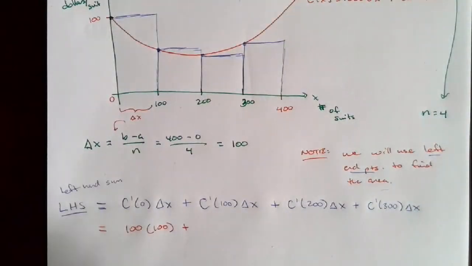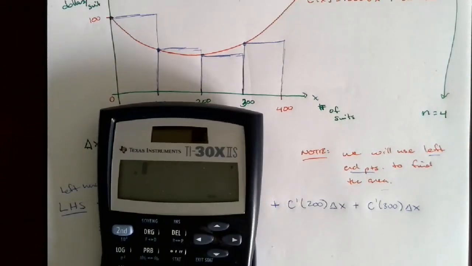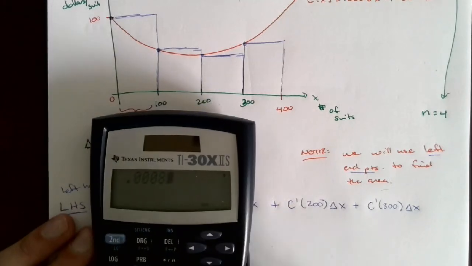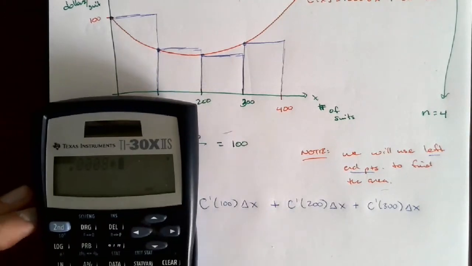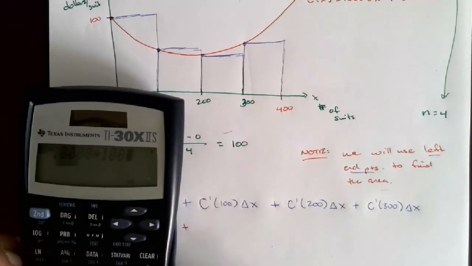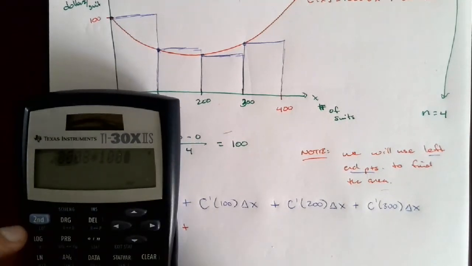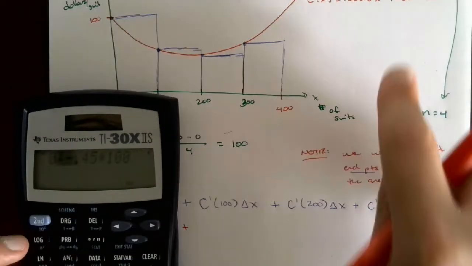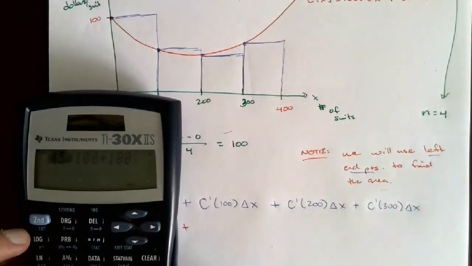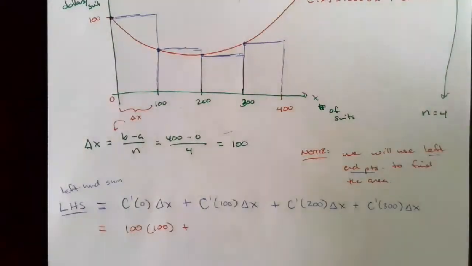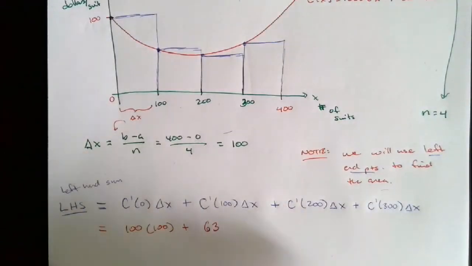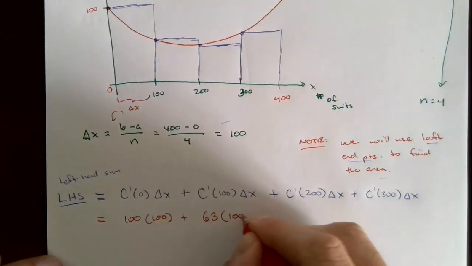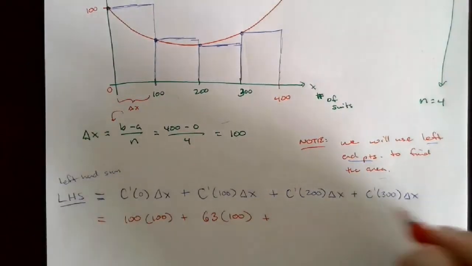And you can substitute this into your calculator: 0.0008 times 100 squared, minus 0.45 times, subbing in for x, 100, plus 100. This equals, what do you get, 63. So this will be 63, right? All we're doing is substituting into our c prime formula with 100, so 63 times delta x, which is 100, plus, and we can continue to substitute in like this.